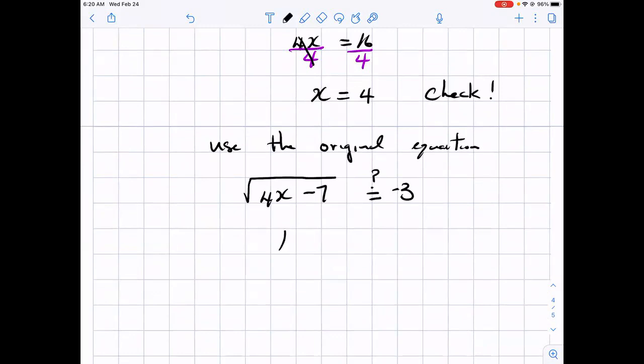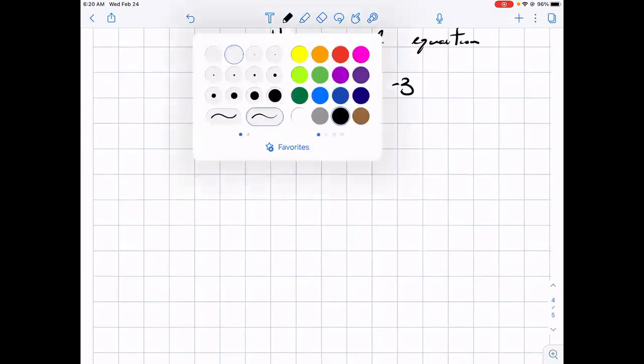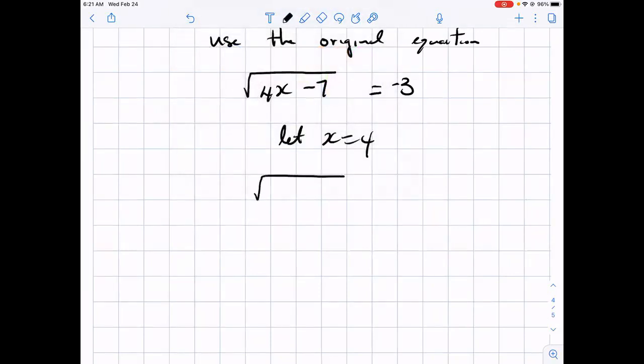So let x equals 4. So let's not put the question mark here. So we have the square root of 4, and now we're going to replace x with 4. This is what we want to know.